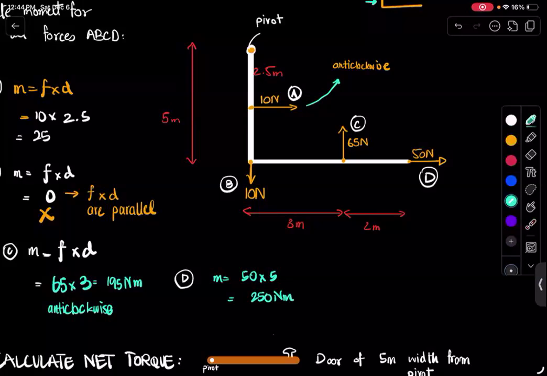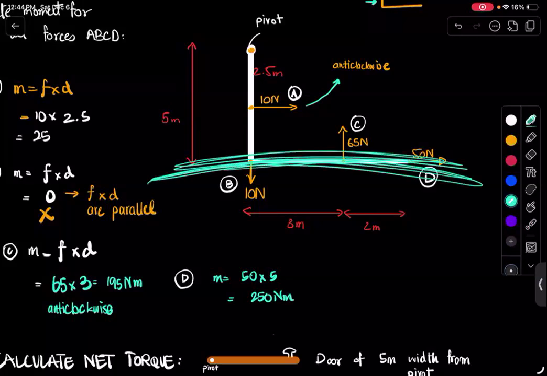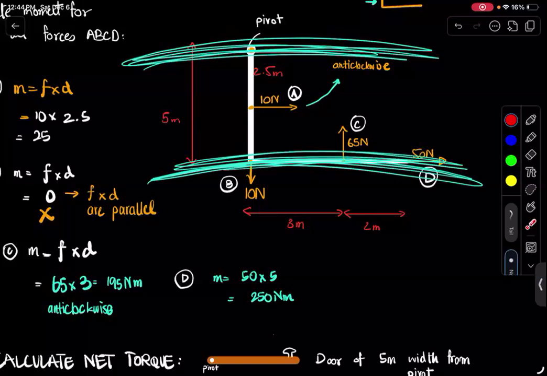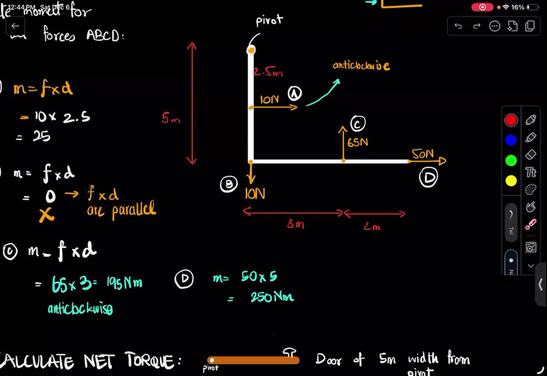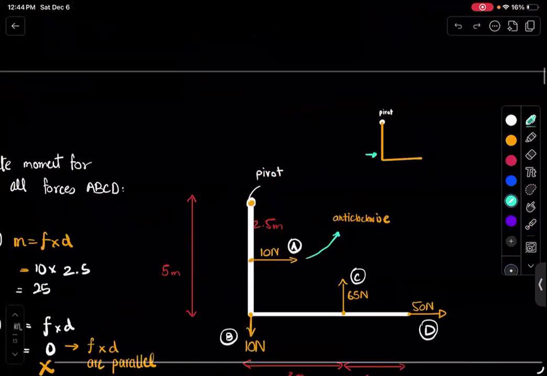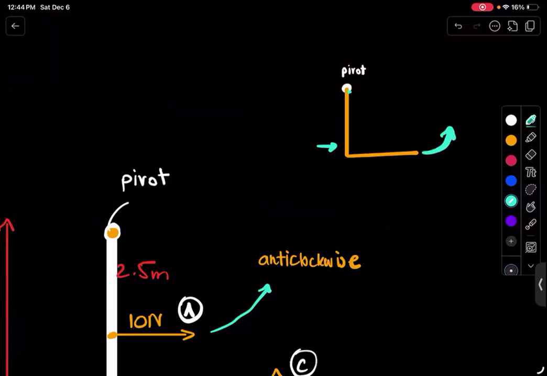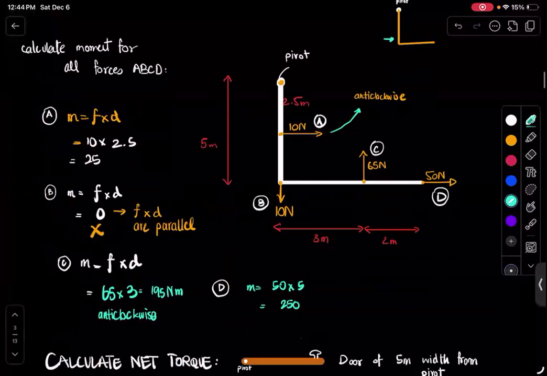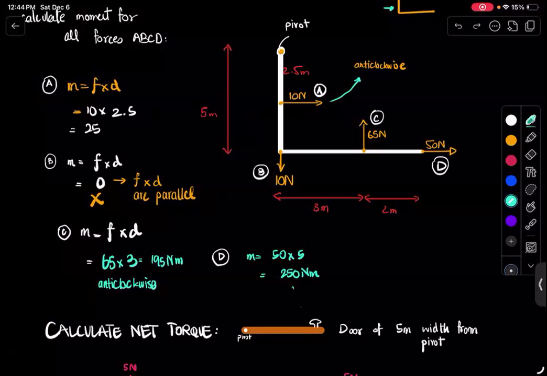Why? Because this is the force, and where is the pivot in the same direction? It is this. The perpendicular distance between the force and the pivot is going to be 5. So that's 250 Newton meters. It's going to make the bracket turn again in this direction, like imagine you're pulling the bracket from over here. So that's 250 Newton meter, also anti-clockwise.